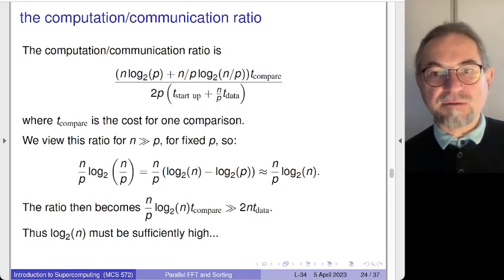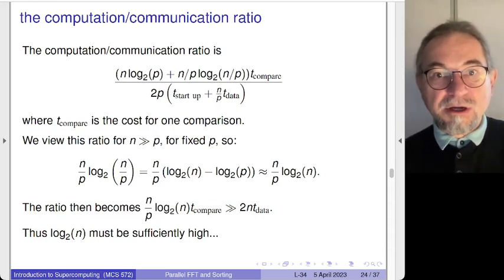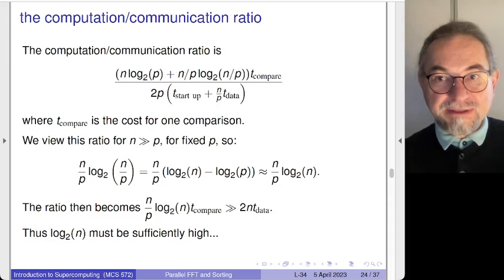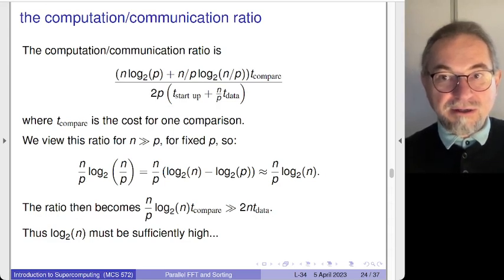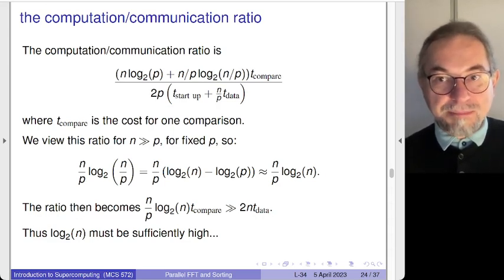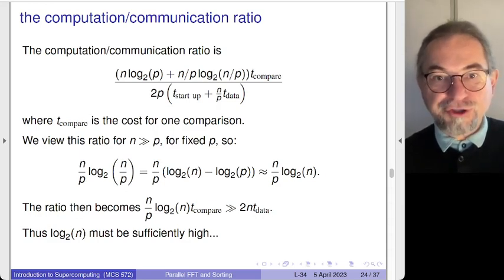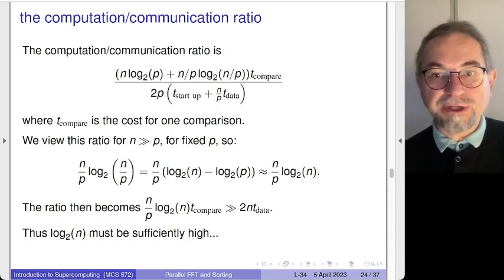So in practice, that will be it. By the way, this is also an example of a hybrid MPI and OpenMP exercise, or distributed memory versus shared memory parallelism. Bucket sort gives a good hybrid combination between the two.